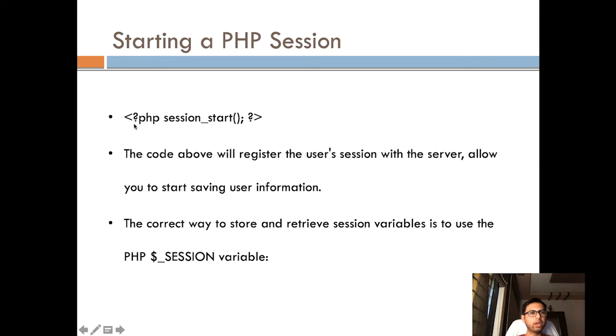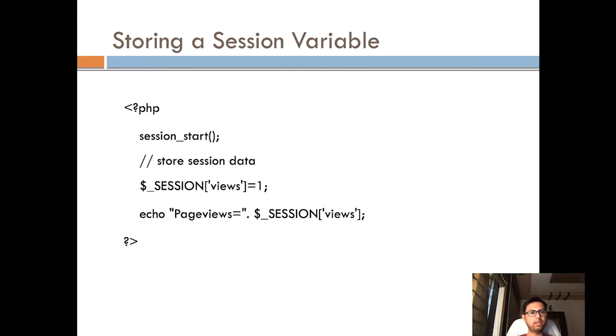You have to include this particular code to start the session. The session_start function is used to start the session. And if you want to retrieve the session related data, then the PHP superglobal variable $_SESSION is going to be used. Let us see the program related to it.